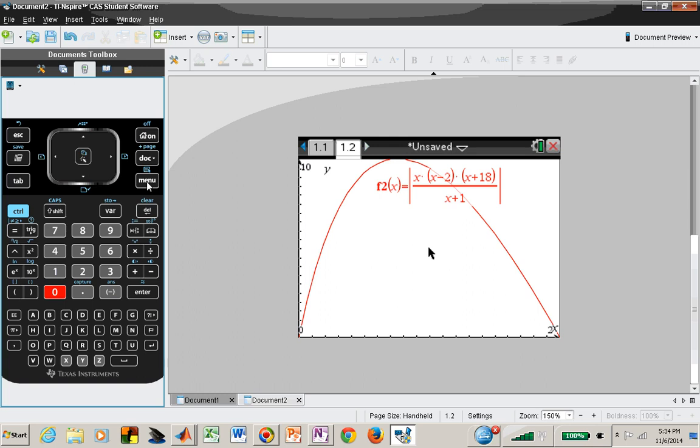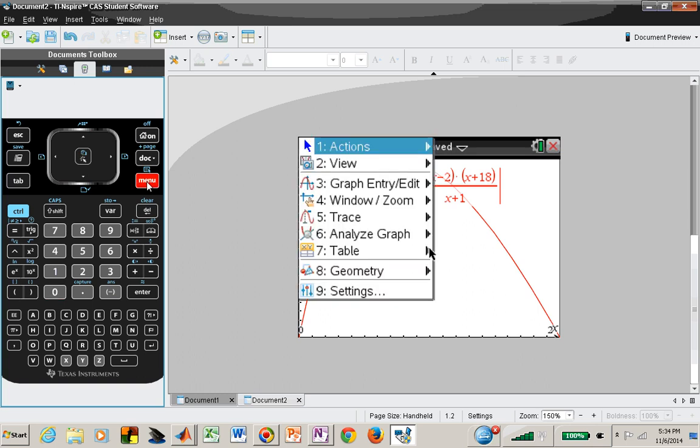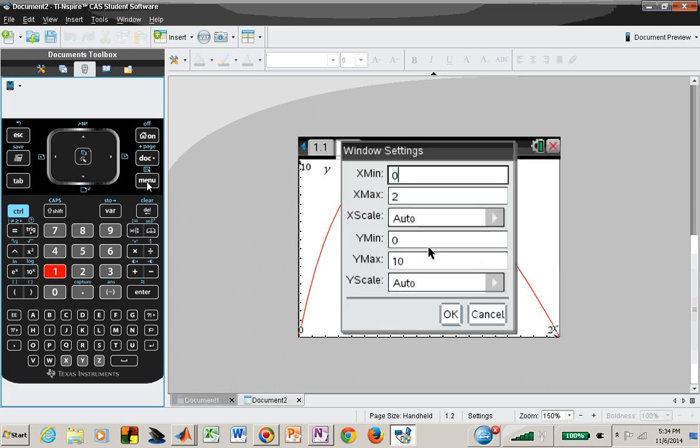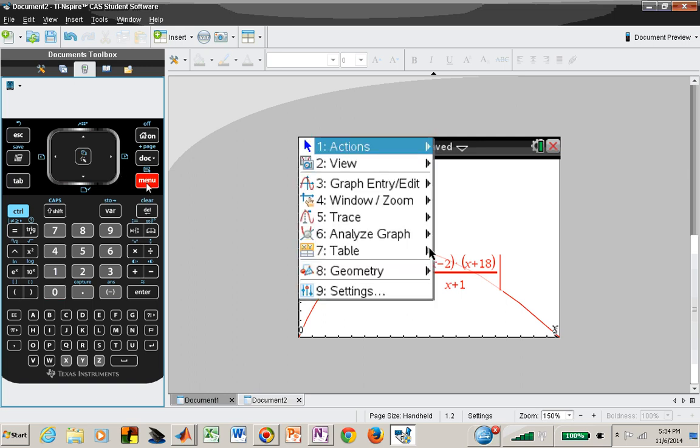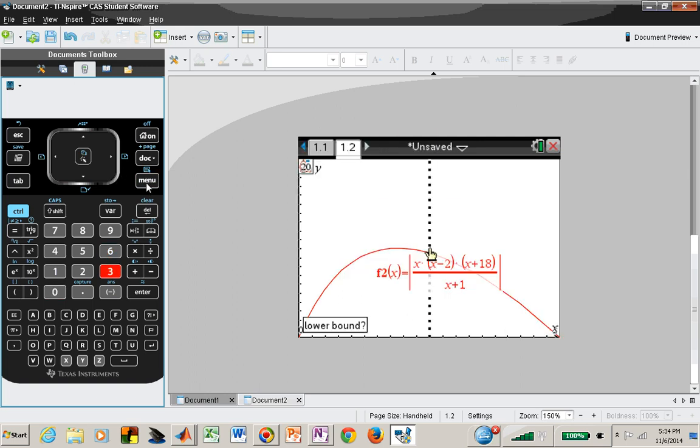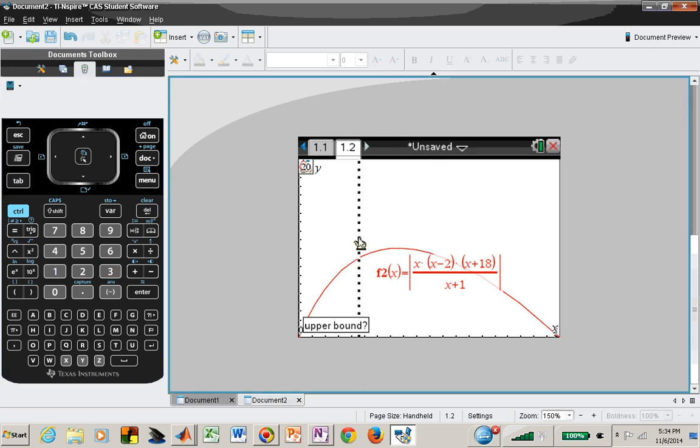Let me go ahead and make my window have a y value a little bit larger than what I entered there. And I can now analyze the graph. My lower bound I want to be right here, and my upper bound I want to be there, and there's my maximum. It's close to where it was before. It's at 0.757 and at 10.